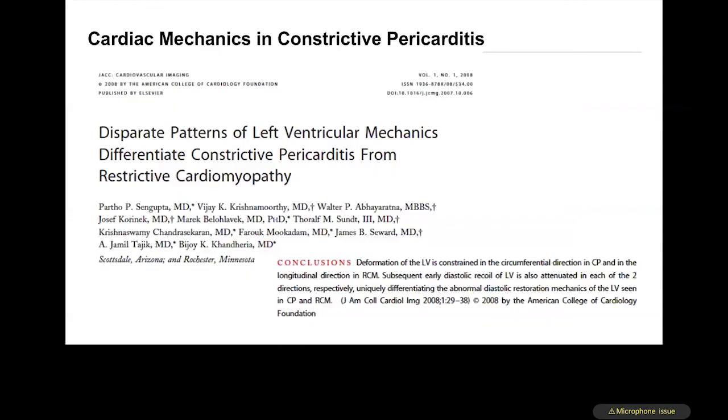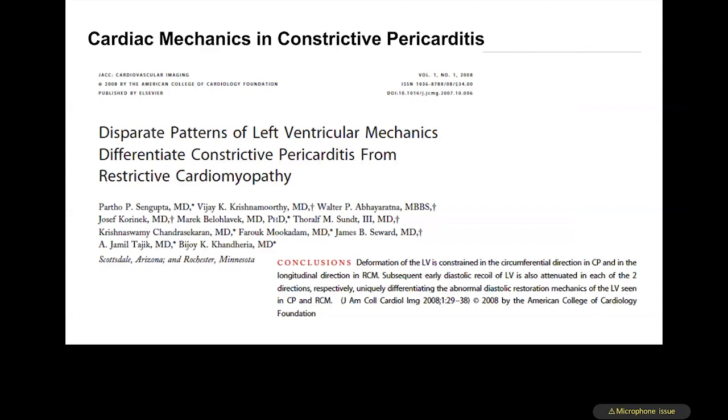So there is disparity in the pattern of how not only the ventricles contract, but also in the physiology of cardiac function, which can be uncovered using Doppler mechanics.